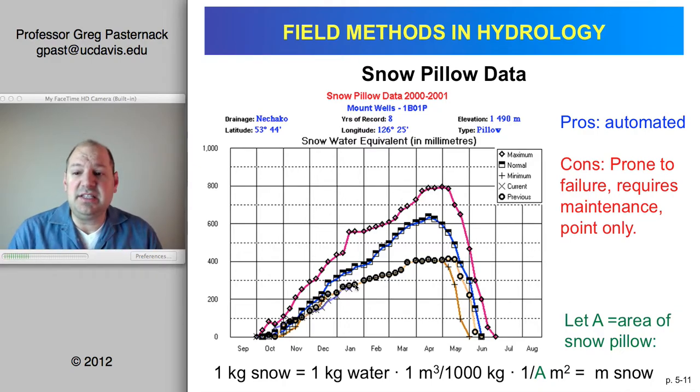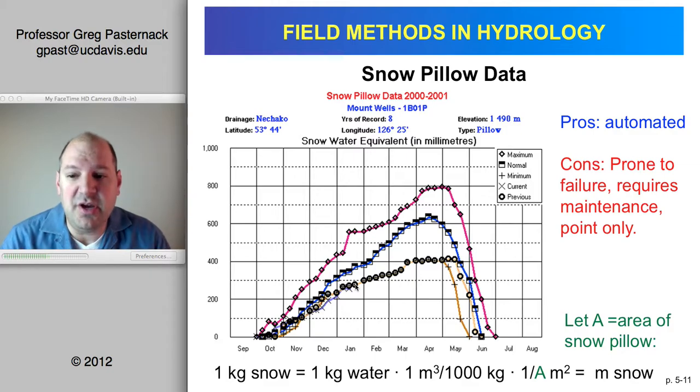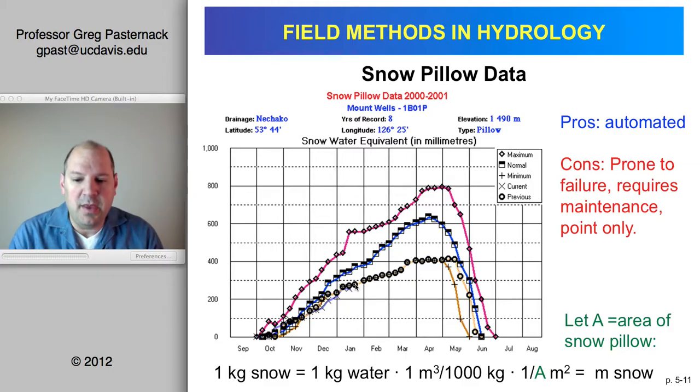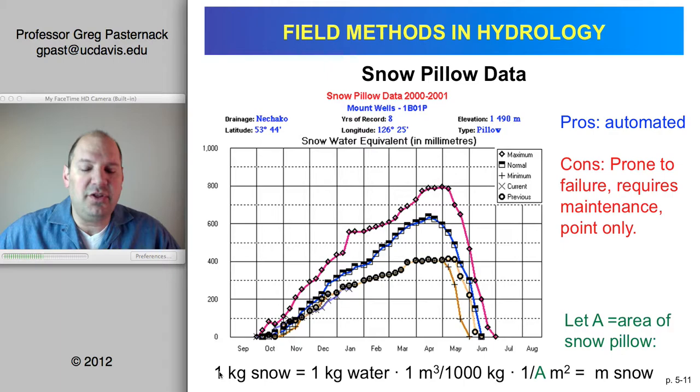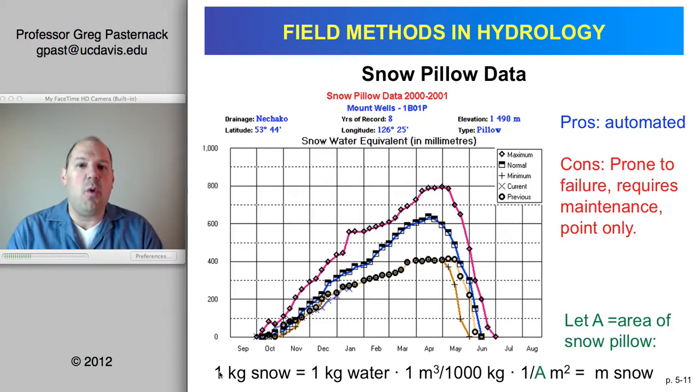Now, one of the things is that you're measuring the weight with the snow pillow, and so that weight has to then be converted to a depth with a snow water equivalent. So on the bottom here, I've shown how you do that. If you know that you have 1 kilogram of snow, then you can convert that to a snow water equivalent by using the density of water. So here we don't care about the fact that the snow itself has air in it or anything like that, because we're just melting it.